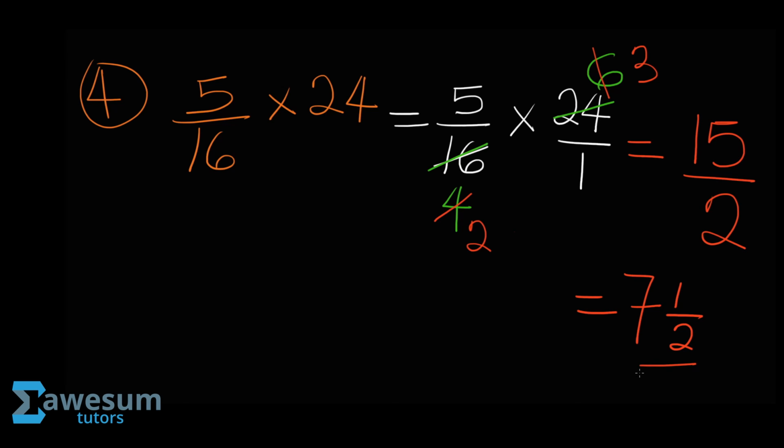So that means your final answer is 7 whole number 1 over 2. That is your final answer. Alright, this is interesting. Let's take a look at one more example, and then I will give you one problem set as your homework.